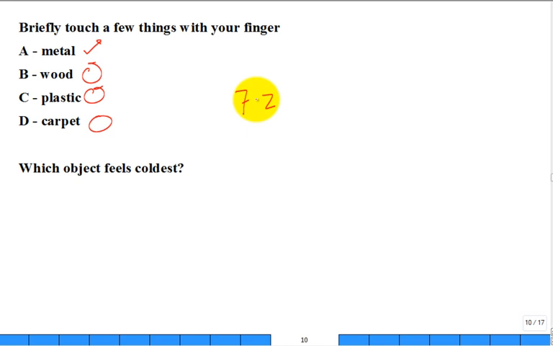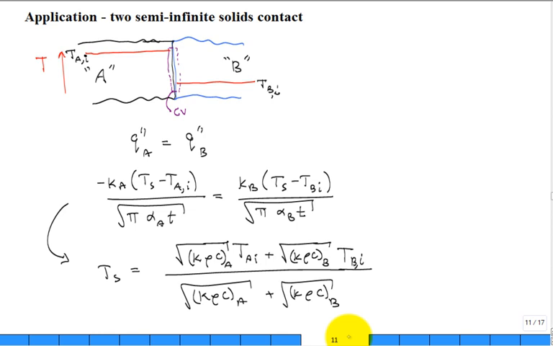So it has to penetrate a little bit into your finger, but when you touch the metal, that interface will be brought closer to the metal temperature, lower. It'll be lowered closer to 72 than if you touch carpet. The carpet temperature interface will be closer to your finger's internal temperature.